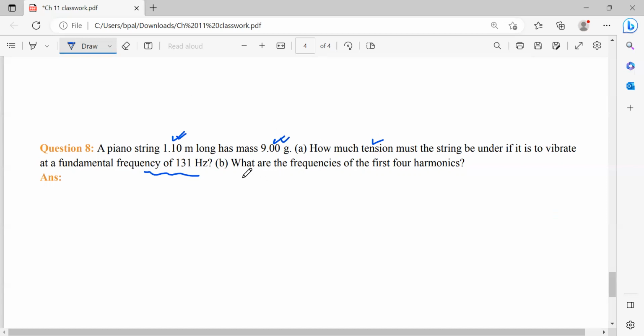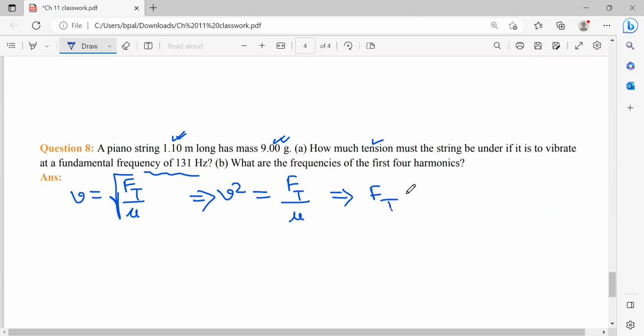So this is the frequency, this is the length, this is the mass. We have to calculate the tension. Tension you can determine from this equation, v equals square root of Ft over mu. If you solve it for tension, this tells us that Ft is equal to mu v square.